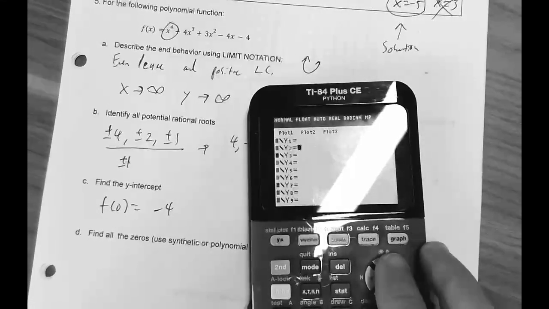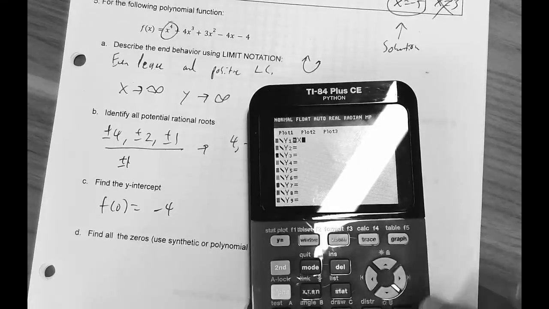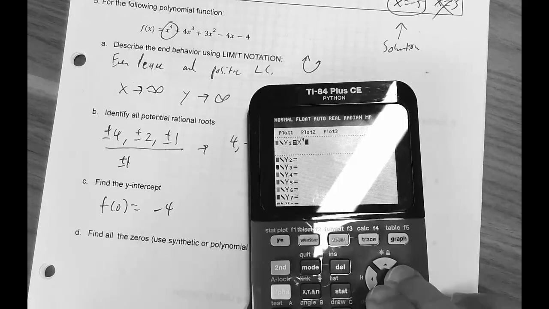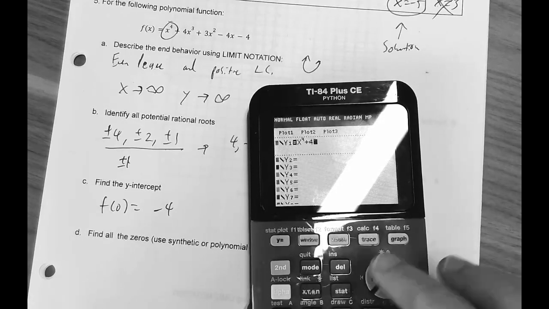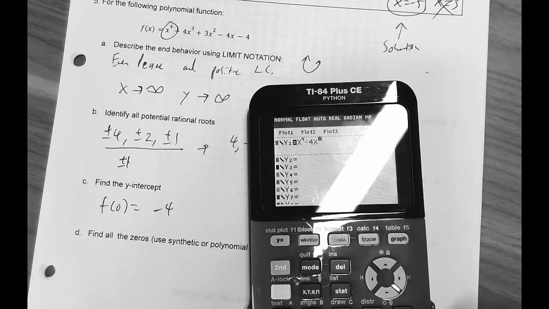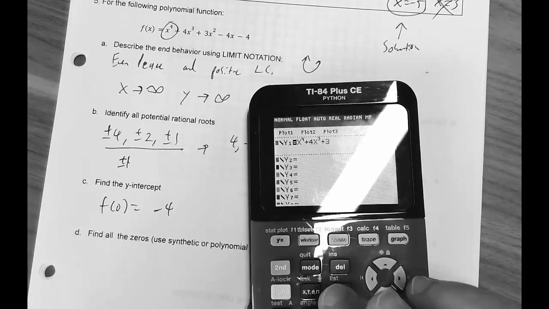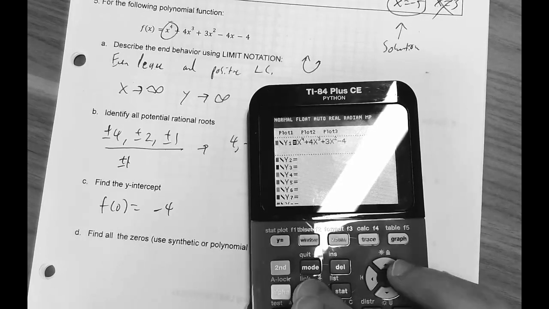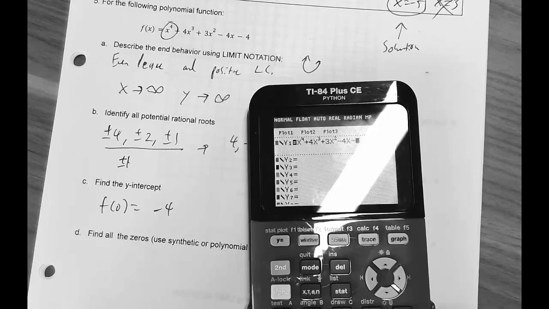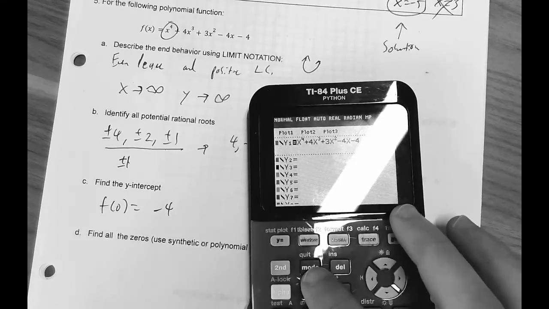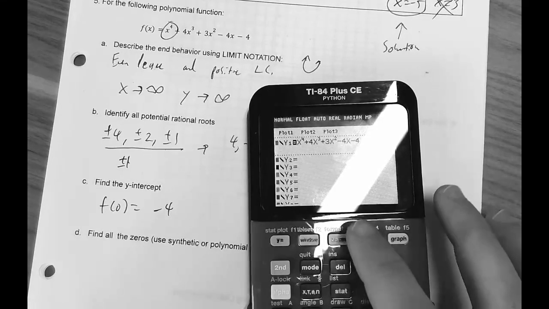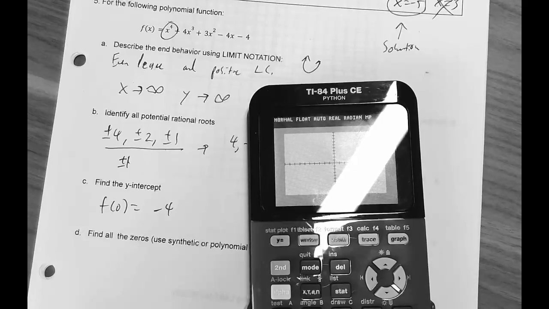So we'll put in x to the 4th plus 4x to the 3rd plus 3x squared minus 4x minus 4. That's my function, right? And we can graph it, right? And take a look at it.